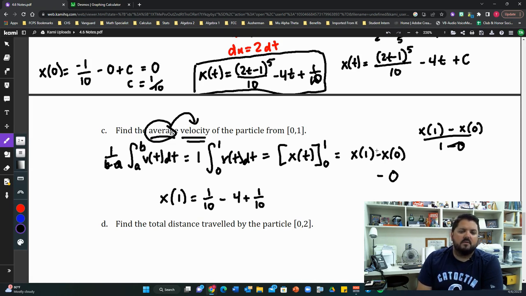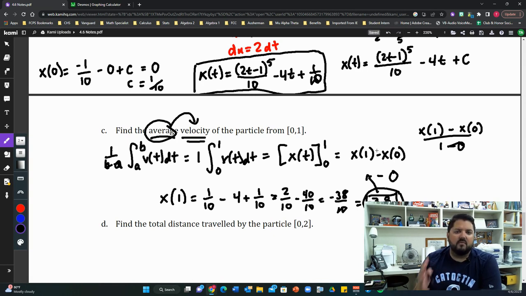So I get 2/10 minus 40/10, which would give us negative 38/10, or negative 3.8. So that goes here, but we're subtracting 0 from it, so that really is our final answer.